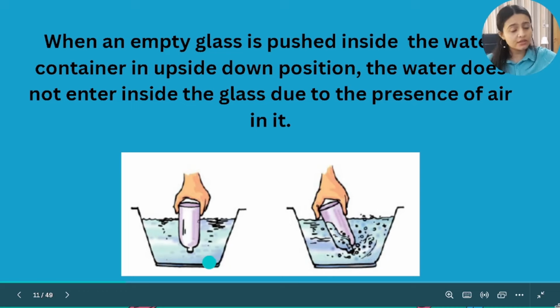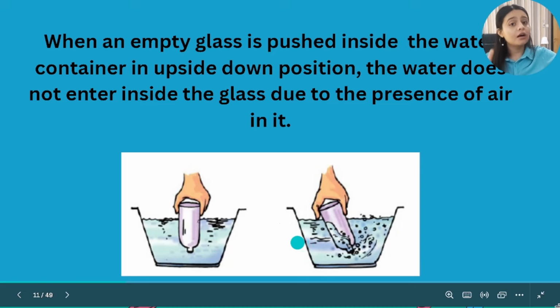This shows that the bottle is not empty. Yes, it consists of air, and air has space. Air in the bottle is occupying the space. That is why the water is not able to enter the bottle.